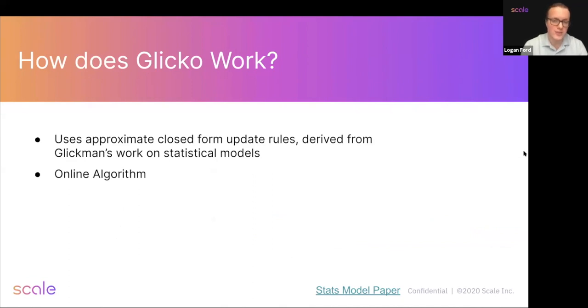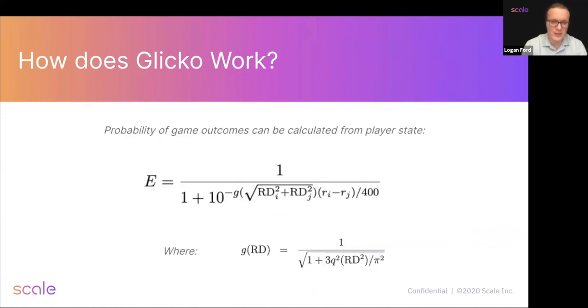And just to describe some of how Glicko itself works, the main thinking is that it uses approximate closed form update rules derived from Glickman's work on statistical models. And it's an online algorithm, and I'll touch on what that means for those who may be unfamiliar. For one, we can always calculate the probability of game outcomes given the current player state, which is really nice. In that previous example, when we knew one player was expected to win over the other, we can actually put a probability to that.